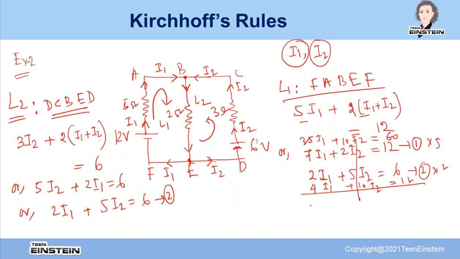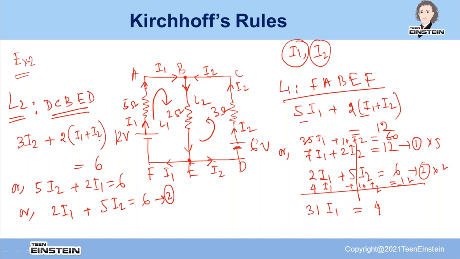Let me see, I'm just multiplying, this is 48. So the value of I1 is actually 48 by 31.